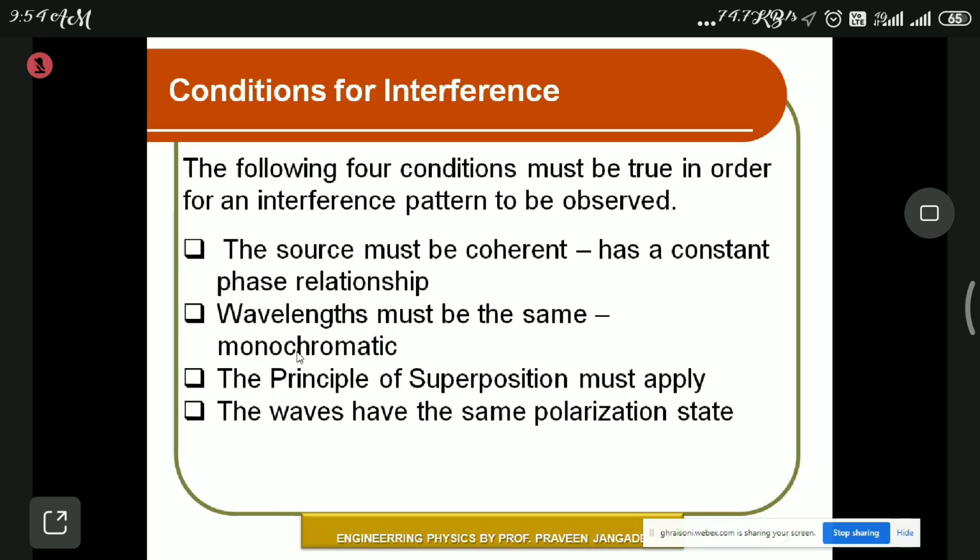For this, the condition is that the amplitude should be the same. If the two light waves have the same amplitude, they are in a coherent mode and intersect in a linear direction, so we get maximized polarization, and the intensity is maximum.